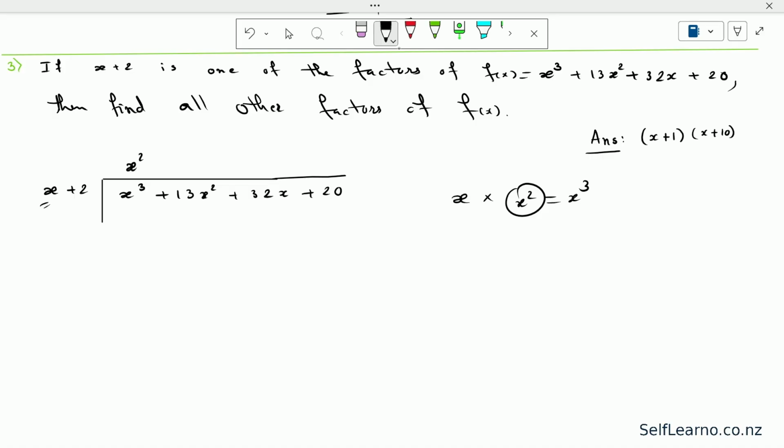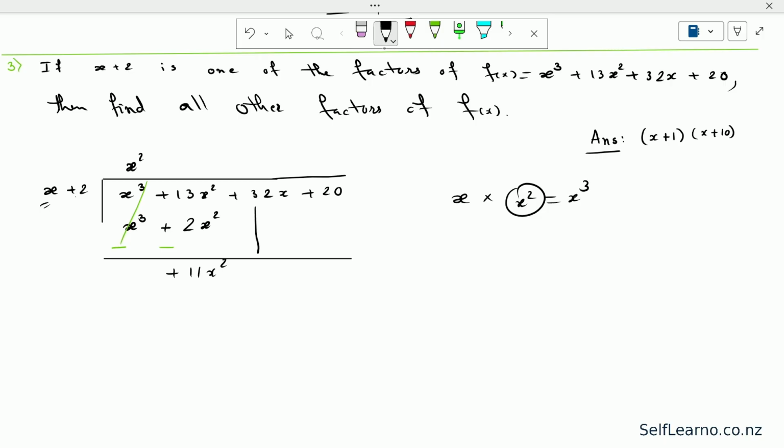So x times x squared is x cubed plus 2 times x squared is 2x squared. Great. Now change the sign, that means subtraction. It becomes negative, negative, cancel. 13x squared minus 2x squared, that gives me plus 11x squared.